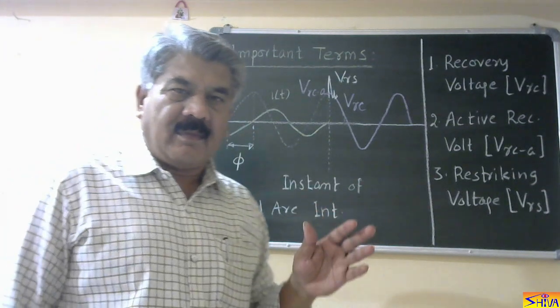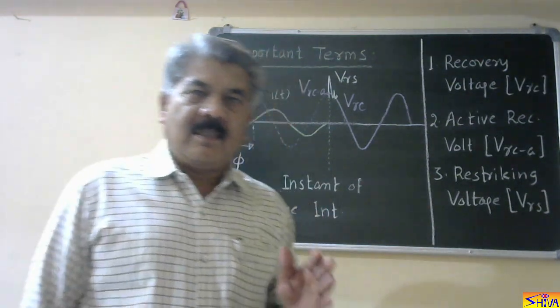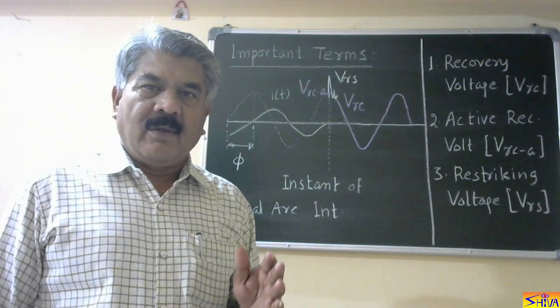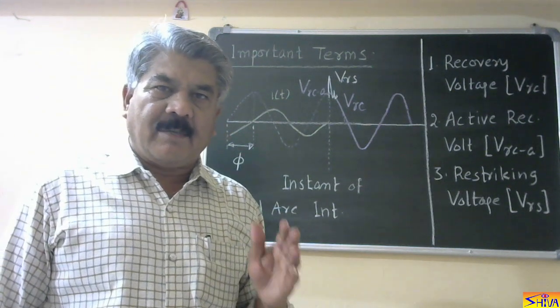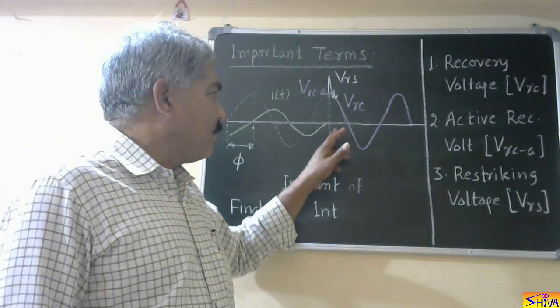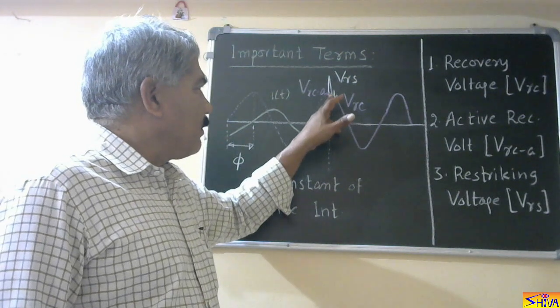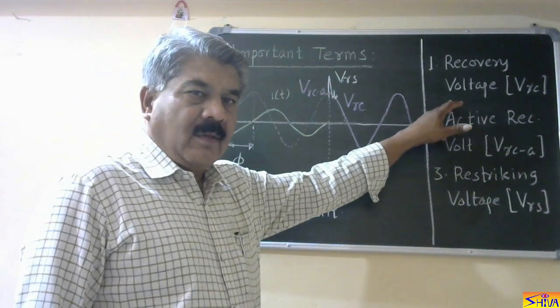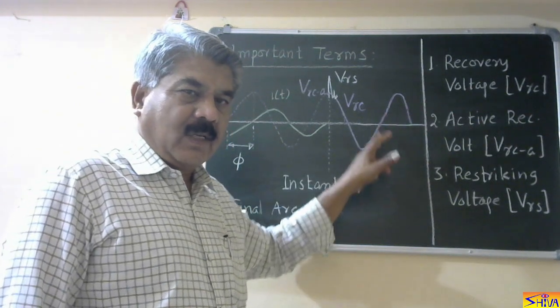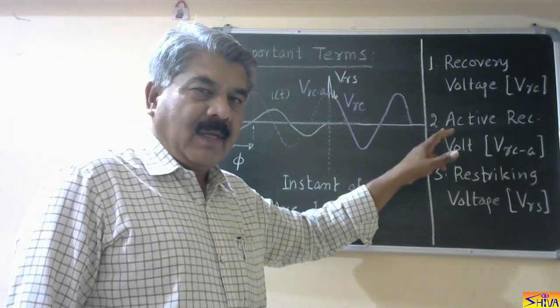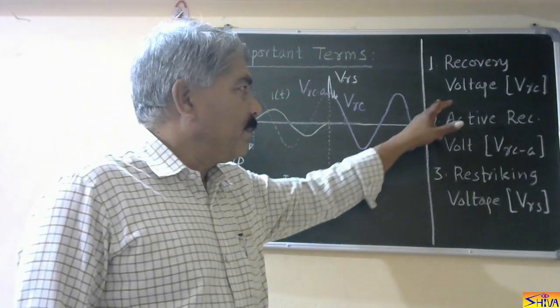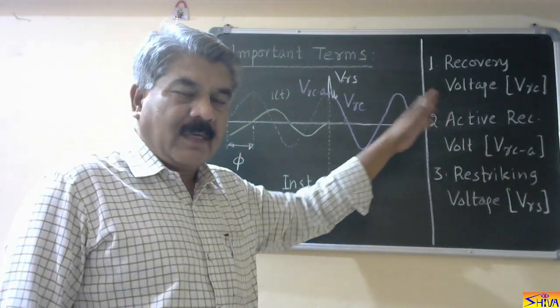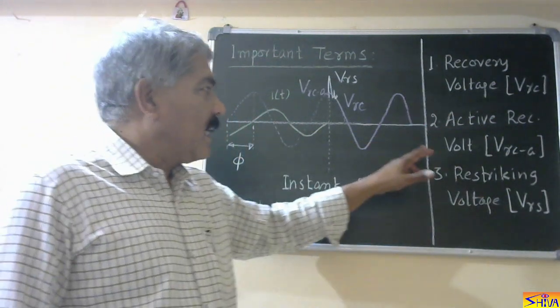I will repeat, it is the power frequency voltage which appears across the circuit breaker poles at the instant of final arc interruption. Whatever system voltage is there, that will become the recovery voltage. So simple definition.